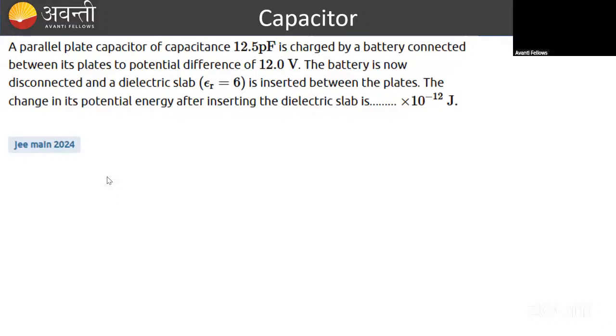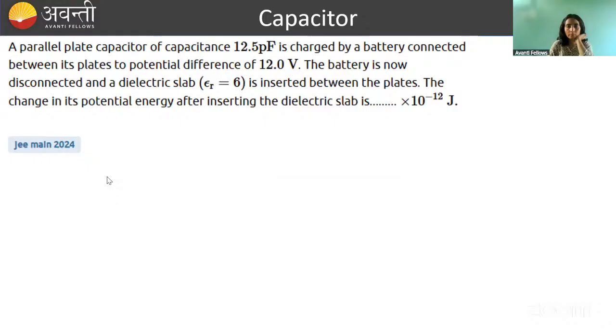Yes, anybody with the answer? No one? Try solving it. You need to calculate the change in energy after inserting the dielectric slab. Okay, I will make you understand the case.